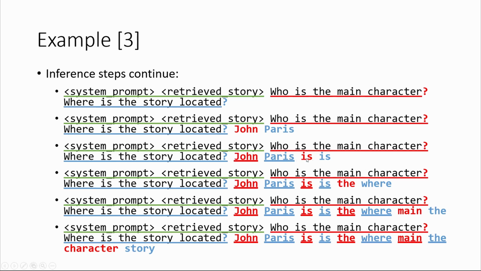And I just want to note here, even though both of these "is"s are the same token, and both happen to have the same rope number, you cannot combine these because they have different contexts. This red sees the word John as its immediate predecessor, and it also sees this whole question, who's the main character. And this blue has Paris and where's the story located as its immediately preceding tokens.